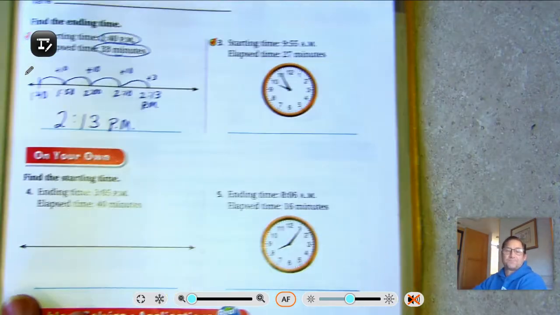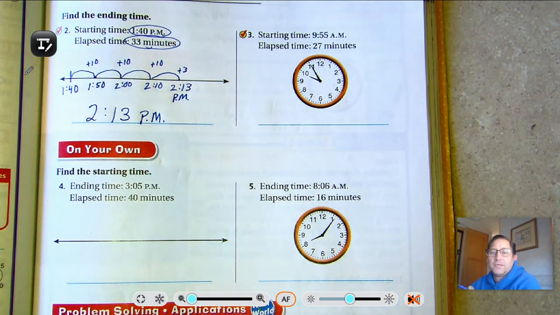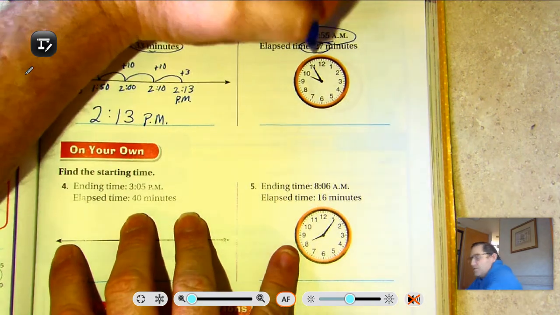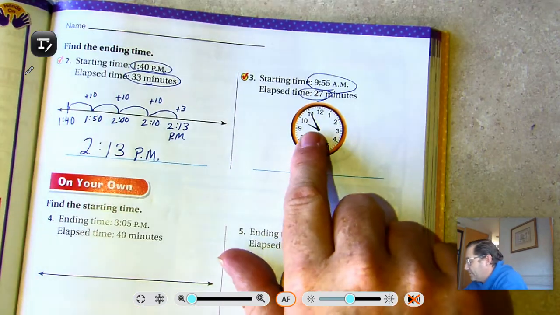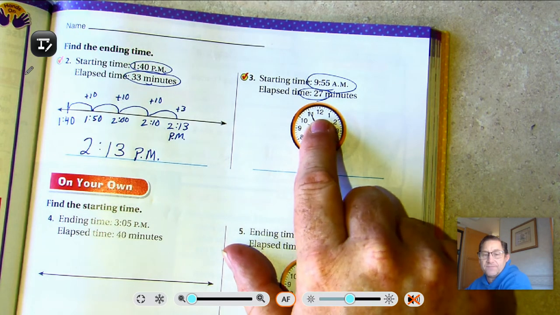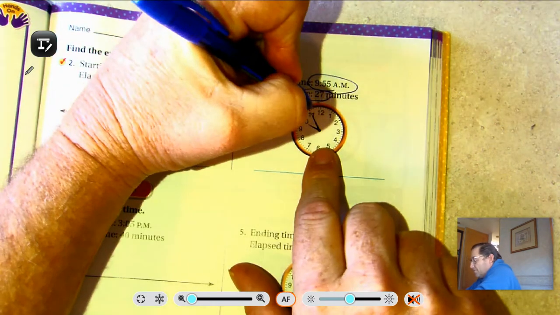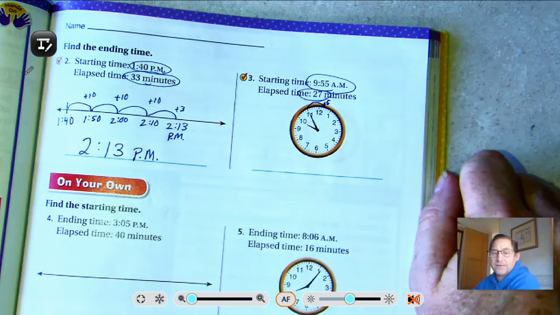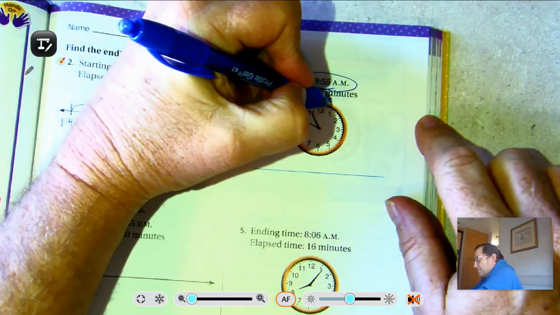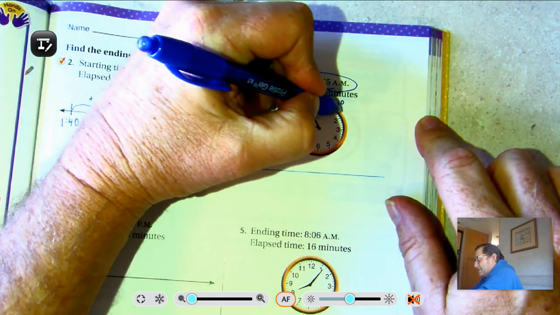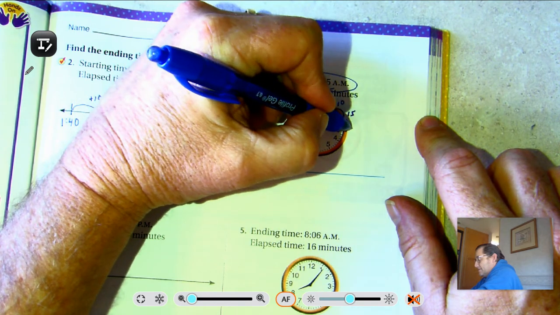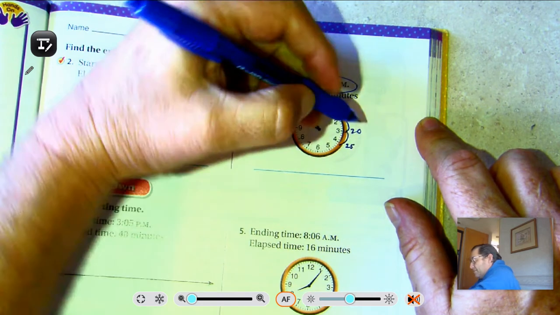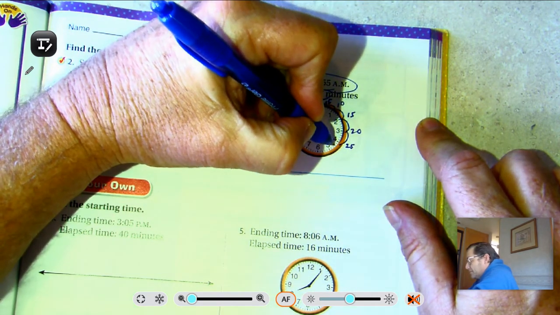All right, number 3. Using the analog clock, our starting time is 9:55 a.m. and the elapsed time is 27 minutes. So I see on the clock that we're at 9:55. So when we jump forward 5 minutes, we're at 10 o'clock. Okay, so 5, 10, 15, 20, 25, 26, 27.